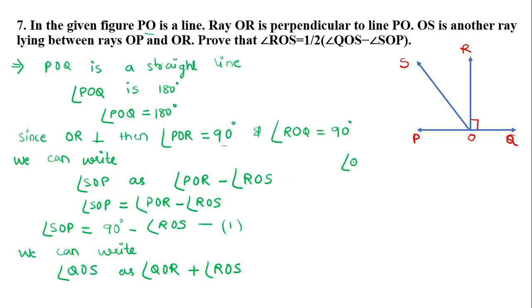Now angle QOS is equal to angle QOR plus angle ROS. What is your angle QOR? It is 90 degrees. Substitute it: 90 plus ROS. Take this as your equation 2.